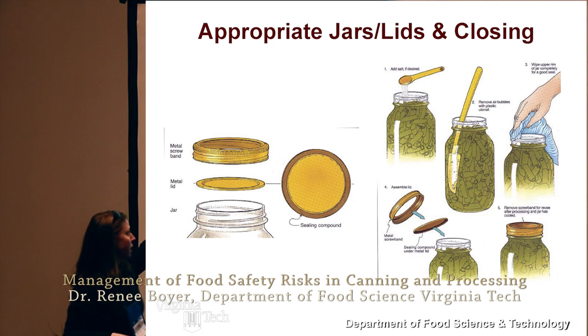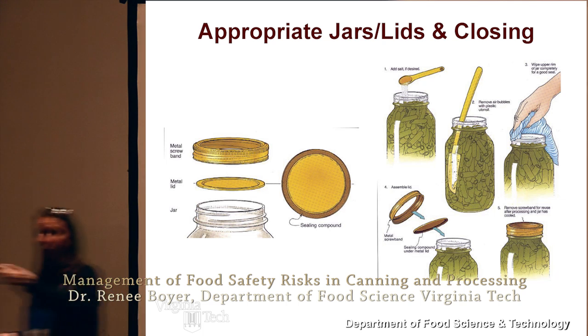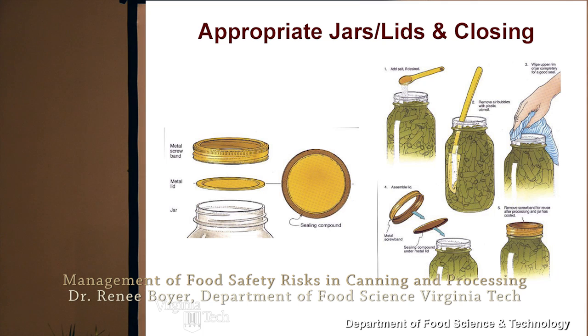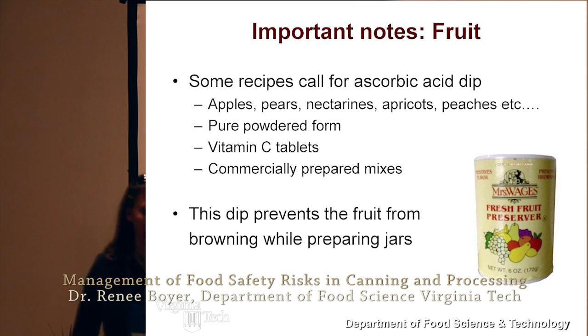You can buy the rings and the lids separately, but you need a new lid, because there's a sealing compound around it, which apparently contains BPA, but the sealing compound is what allows that seal. You can't reuse them, because once the seal's been broken, the compound's been kind of cracked up, and it's not as useful.